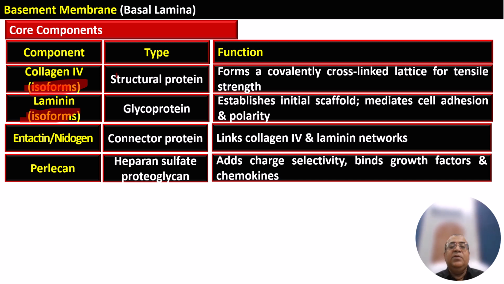Collagen type 4 is a structural protein, and it forms a covalently cross-linked lattice for tensile strength, while laminin is a glycoprotein that establishes the initial scaffold and mediates cell adhesion and polarity. Entactin, also known as nidogen, is a connector protein that links the collagen 4 and laminin networks.